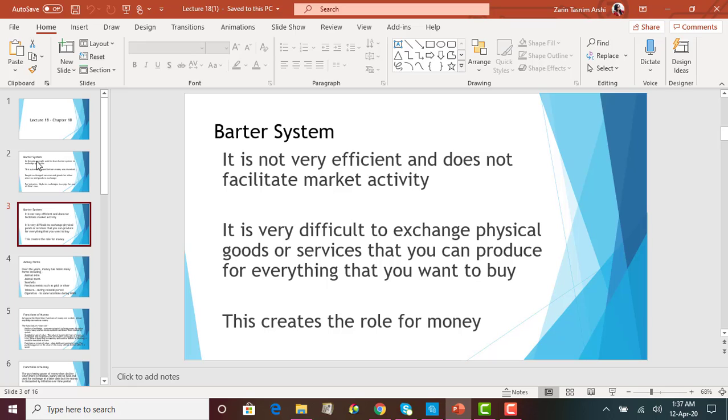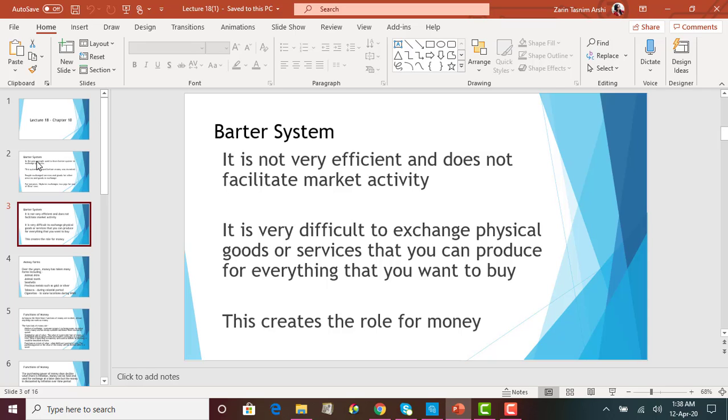Like if Fernanda is offering me 2 pigs in exchange for a cow, I might not need 2 pigs. In that case, the transaction does not make sense. I will not be agreeing to exchange my cow for those 2 pigs if I don't need 2 pigs. Also, it was only in a limited area, maybe a village, maybe a rural area, and people over long distances could not communicate or exchange goods and services.